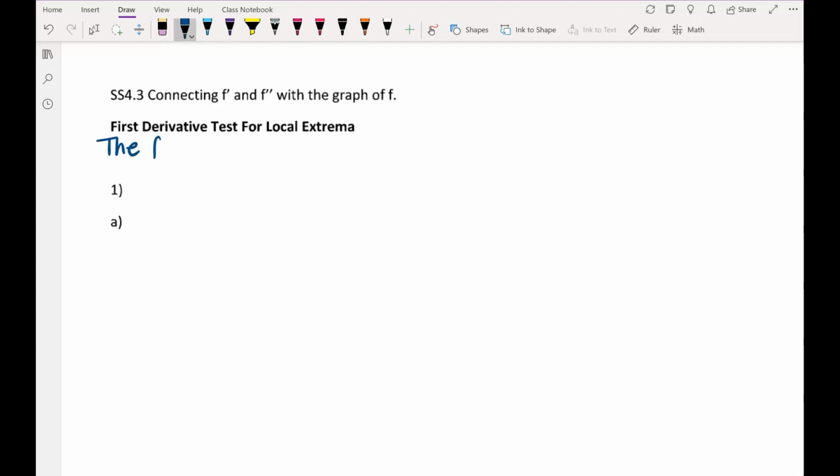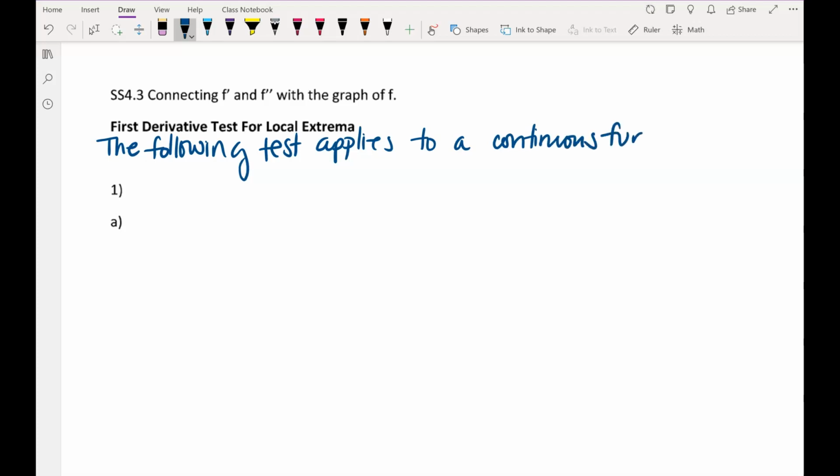So the following test applies to a continuous function. Let's call it f of x.